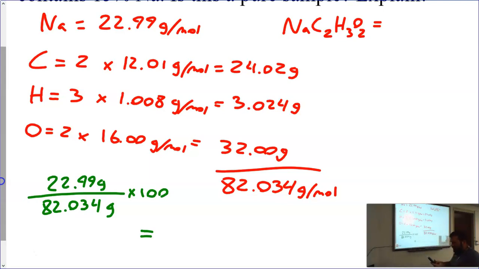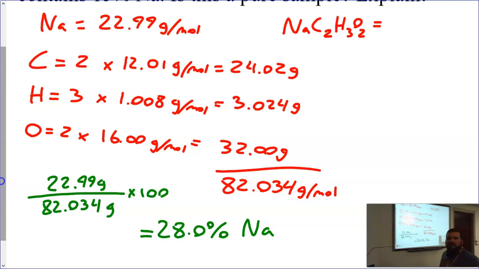All right, so 22.99 divided by 82.034, and I'm getting 28.0%. Okay, so in theory, if I had a sample of sodium acetate and it was nothing but pure sodium acetate, nothing else present, pure substance, I would expect that I should have 28% sodium.